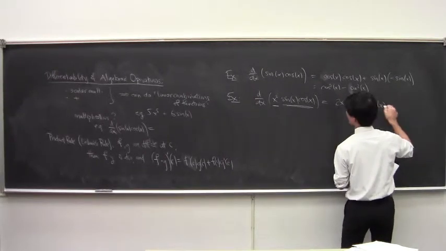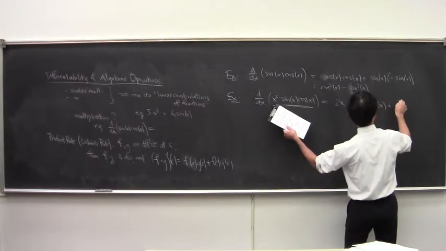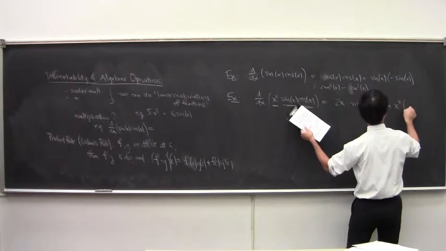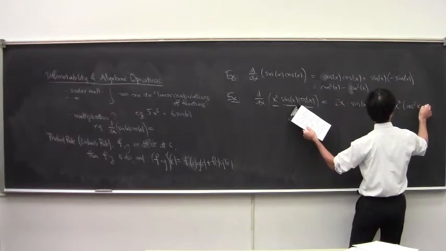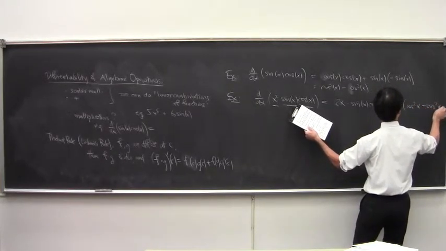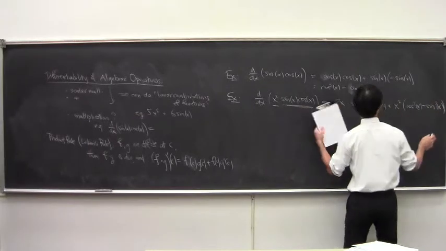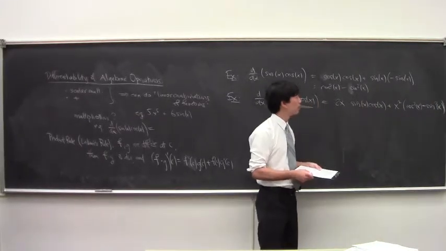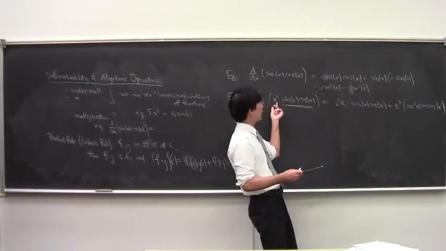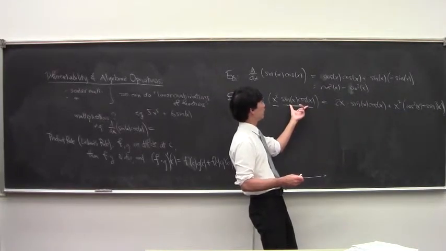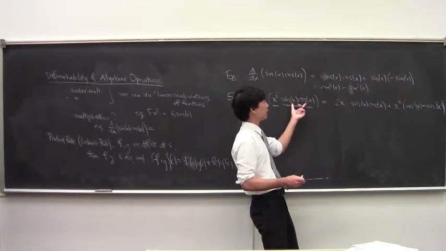So we're going to get the function times the derivative of the other. The first guy times the derivative of the second guy. I'm sorry, the derivative of the first times the second plus the first times the derivative of the second.